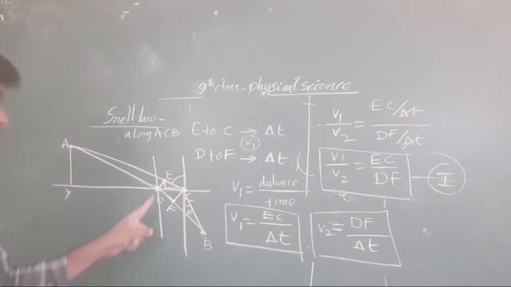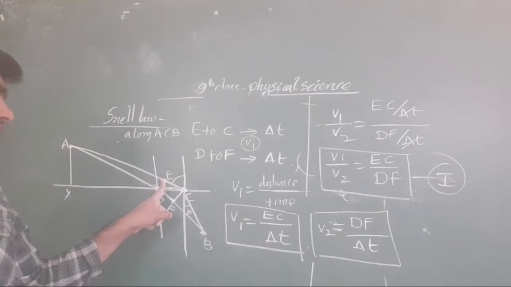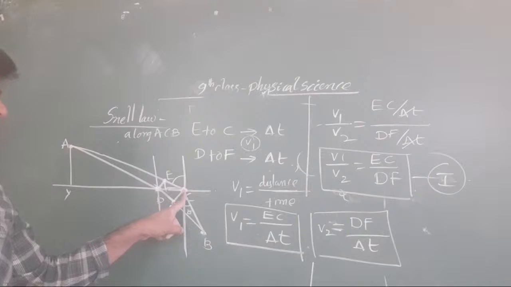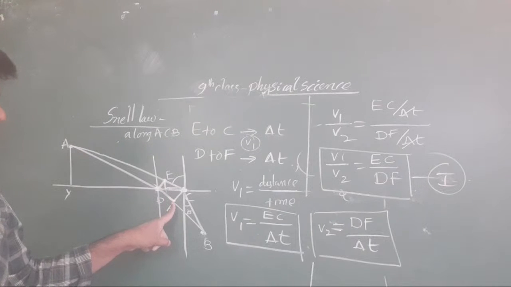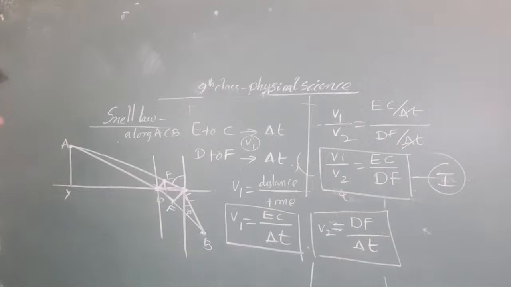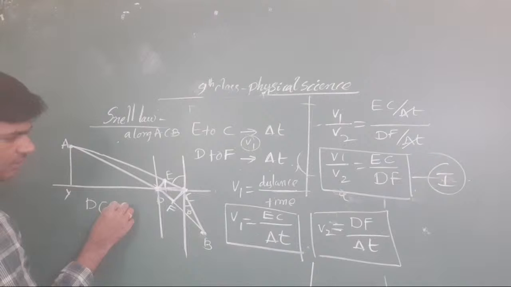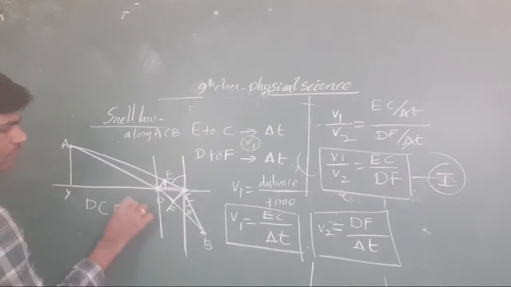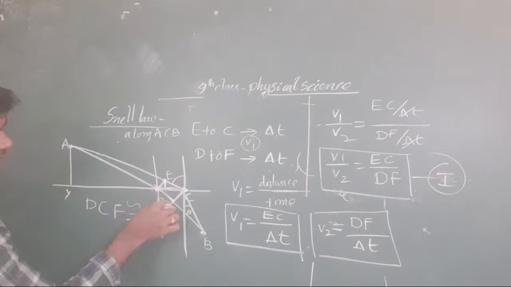From the diagram, you simply have to know the distance travelled from E to C. Whatever time it takes, the same time will be taken to travel D to F also. Why? Because these are similar triangles. Which are similar triangles?